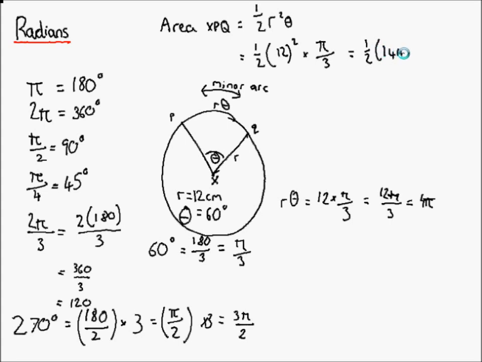I'd just like to write it out in full, times pi over 3, which is equal to 72 times pi over 3, and then as you clean it up you get 72 pi over 3, which is equal to 24 pi. So again, the area bounded by the arc and the radius is 24 pi.